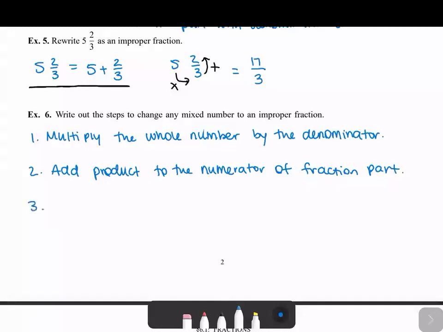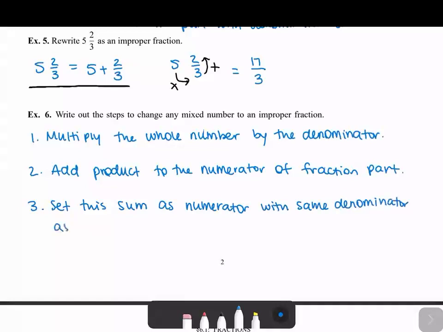We set this sum as the numerator with the same denominator as before. So in both of these processes where we convert from mixed numbers to improper fractions and vice versa, the denominator is going to be the same, no matter what conversion method you use.